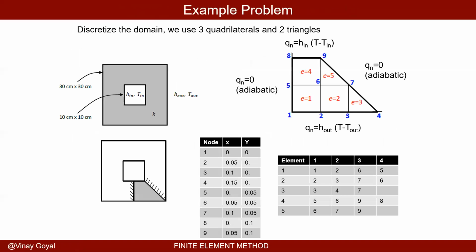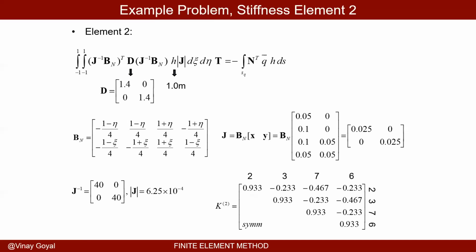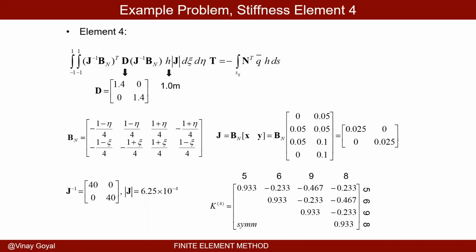Element 4 is this one right here with nodes 5, 6, 9, and 8. As you can see, we have it right there. Very, very similar. D bold is the same. B bold N is the same for every element.